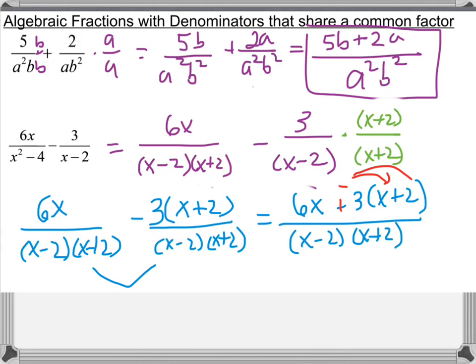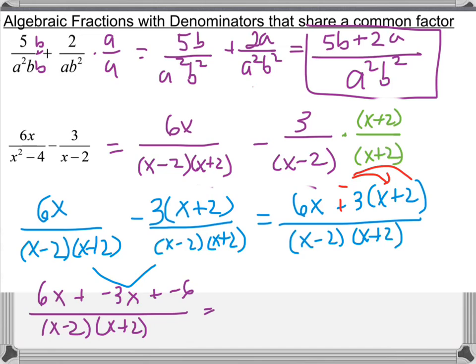So if I do that, I'm going to get 6x plus negative 3x plus negative 6 all over x minus 2, x plus 2. And then the 6x and the negative 3x, that's just going to be 3x. And I'm going to put this as minus 6 all over x minus 2, x plus 2.